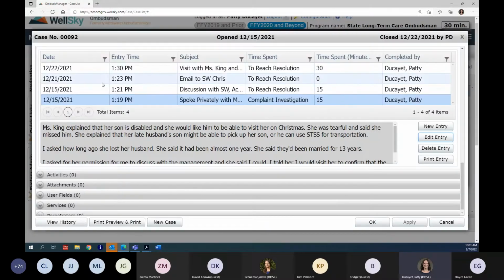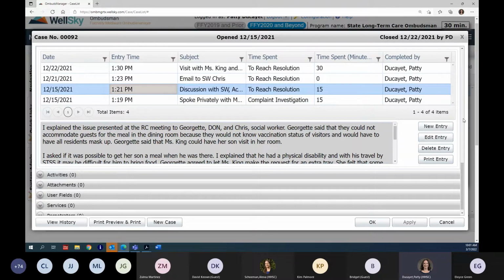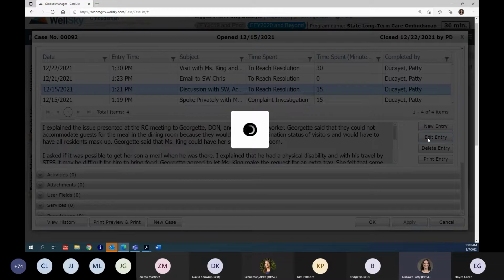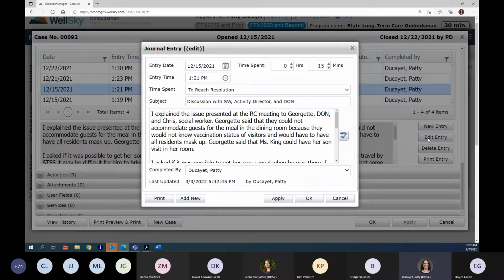So I'm going to move on to the next journal entry, which is labeled discussion with SW, social worker, activity director and director of nursing. And so this is the conversation that I had with these folks.